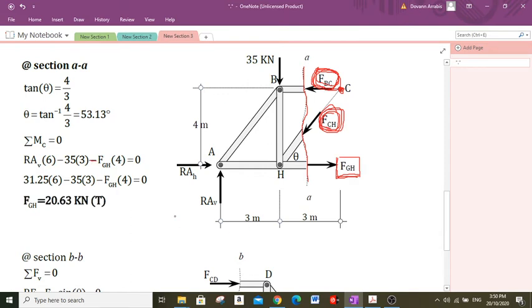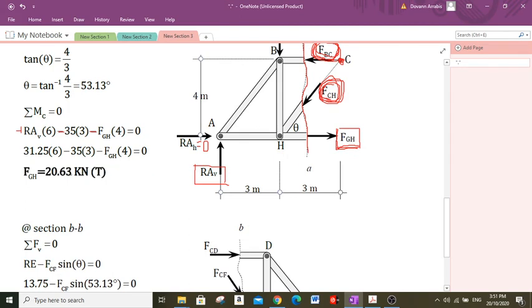And we have RAV about point C. This RAV can create a clockwise moment, and its moment arm is 6 meters, 3 plus 3. Clockwise moment, so positive. And the 35 kilonewton force about point C is a counterclockwise moment, so negative. This RAH is equal to 0. And we get the magnitude of FGH.